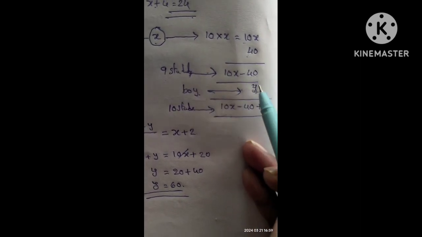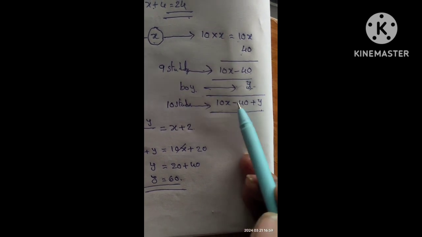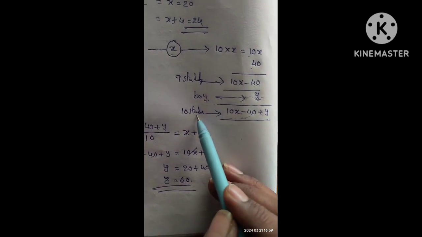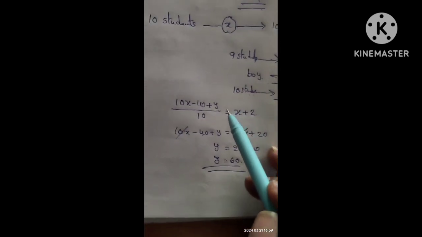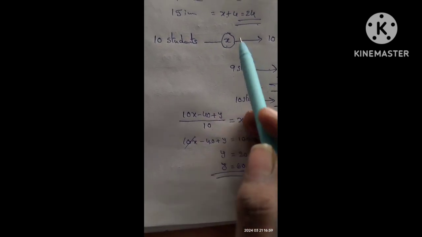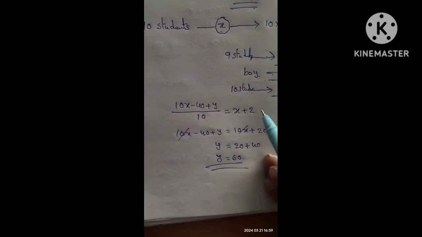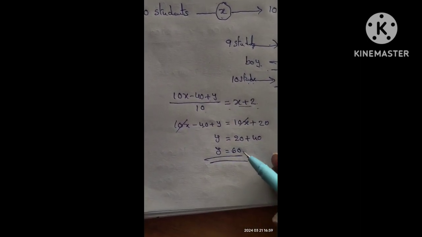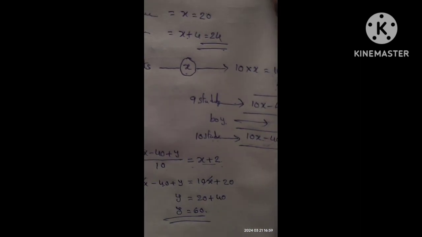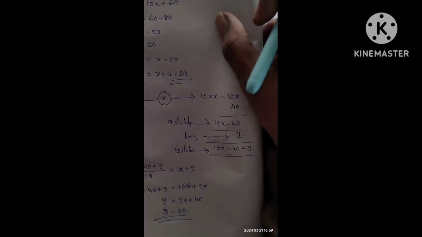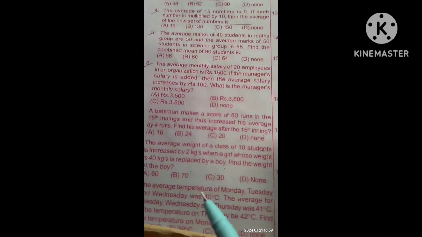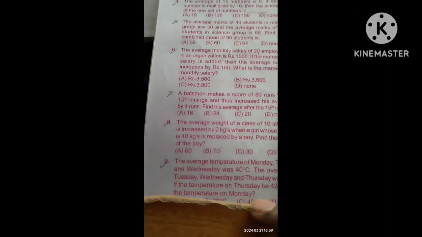Take it as y. Then the total weight becomes 10x minus 40 plus y. It is the weight of the 10 students, including this boy. According to the given sum, the average is increased by 2, so x plus 2. Calculating it, you will get y equal to 60. Means the weight of the boy is 60.